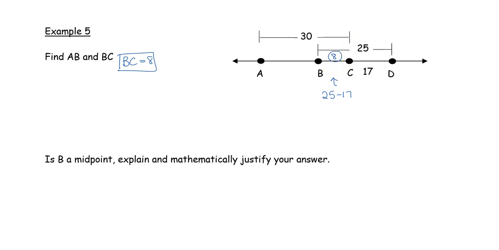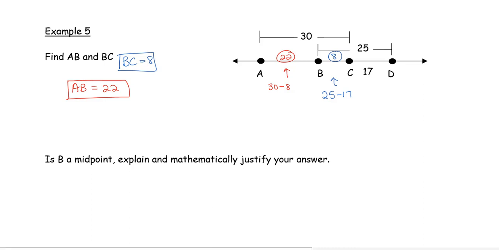Once I know that BC is 8, I know that the whole segment from A to C is 30. To find AB, we have to do 30 minus 8, giving us 22. So this one's a little bit harder than number 1 because there's an order that you have to follow. There's not enough information to find AB first.